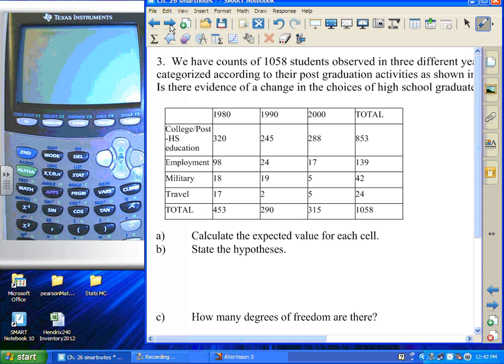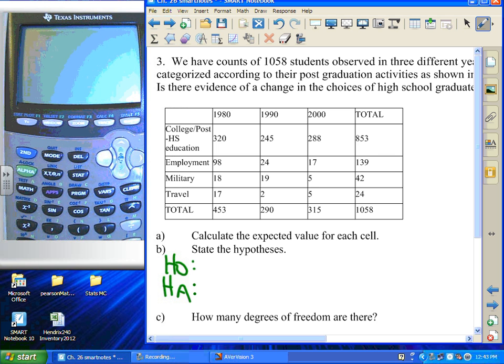Okay, so I'm going to come back to A. That's the most complicated part. Let's find first the hypotheses. So what do you think the null is in context? Well, evidence of changing interest in high school, that's what we're going to try to prove.